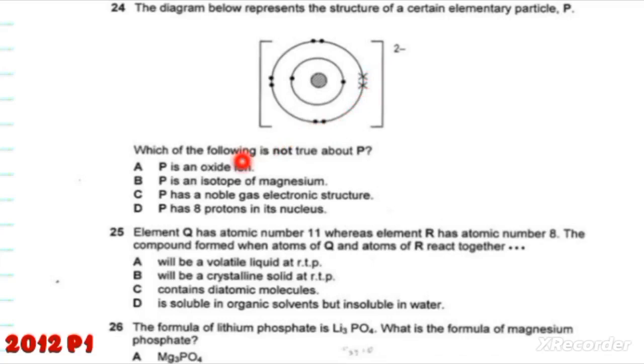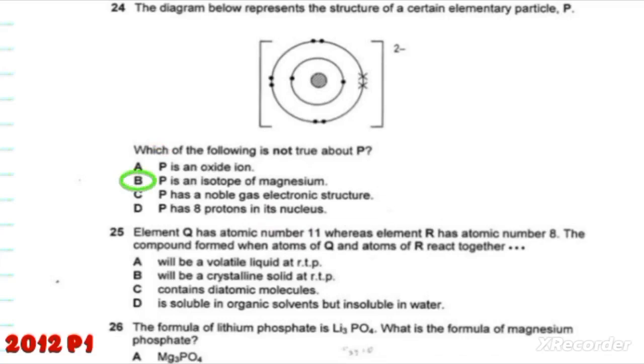Which of the following is not true about P? A, P is an oxide ion. B, P is an isotope of magnesium. C, P has a noble gas electronic structure. D, P has 8 electrons in its nucleus. Okay, so our correct answer here is B.